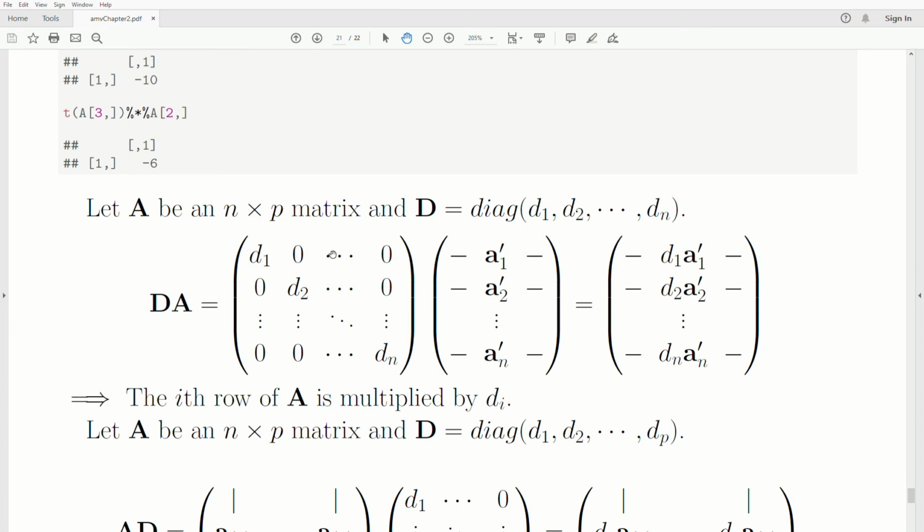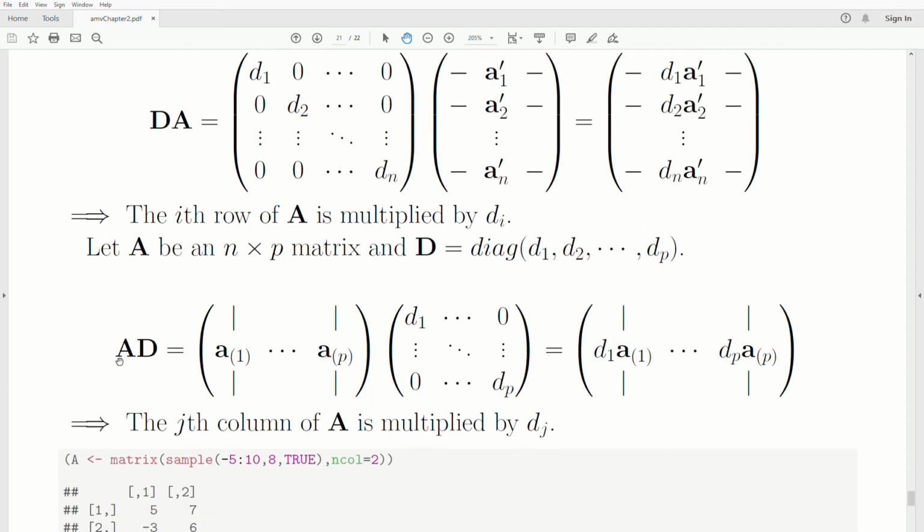So when you take this row times each column, it's zeros times everything here, but D1 is always times that first row. And that's what it's saying right here. You go down and it's the same. So it's really the ith row of A multiplied by the ith element of D, the Di.